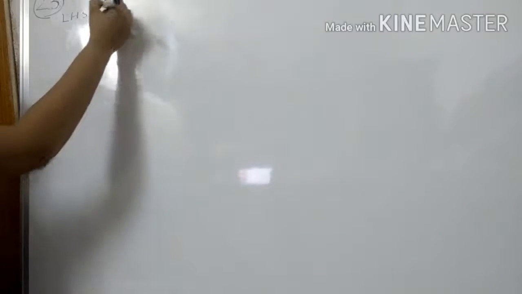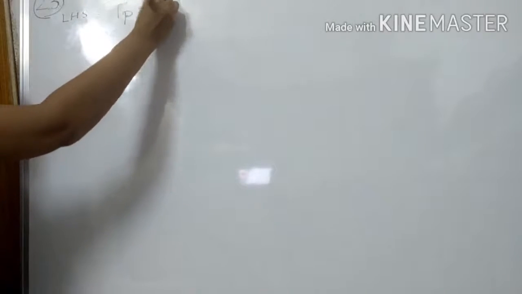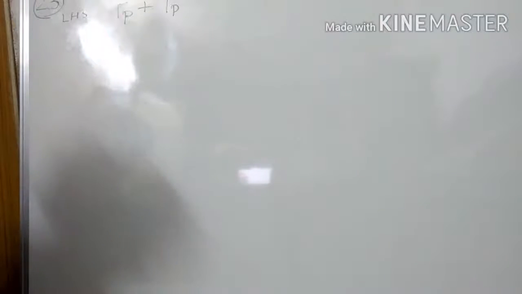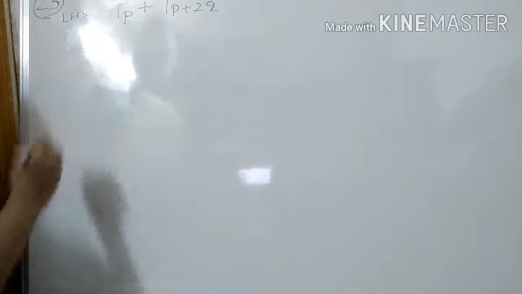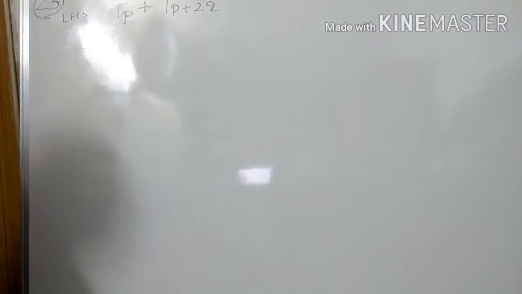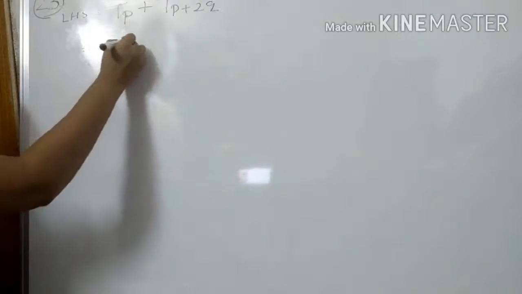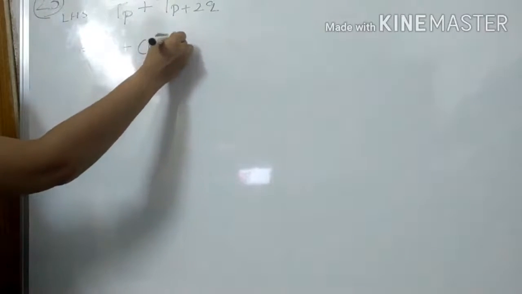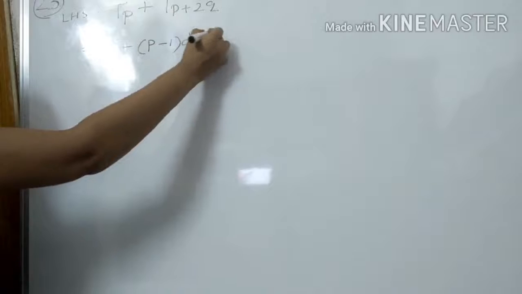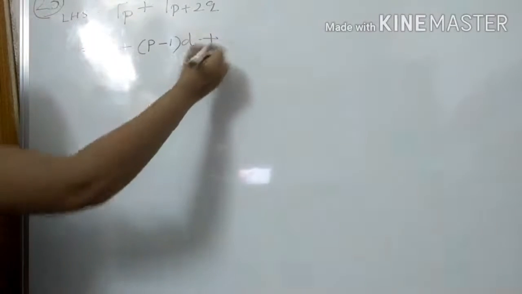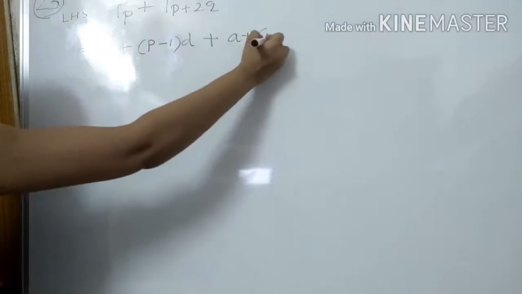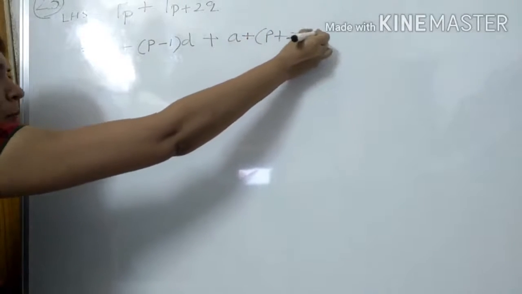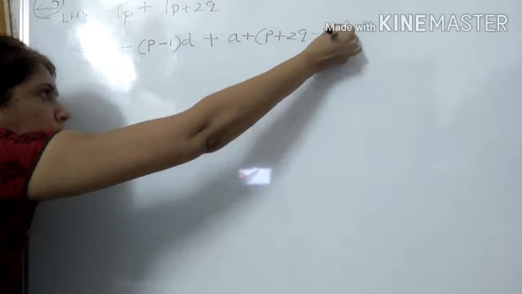The left hand side is given: Tp plus Tp plus 2q. Okay, so here we'll use our Tn formula. So instead of n, we'll write here p, students. So first of all, a plus, instead of n, p minus 1 into d, plus, same way, a plus, instead of n, p plus 2q, p plus 2q minus 1 into d.